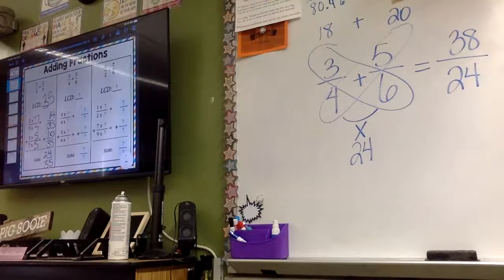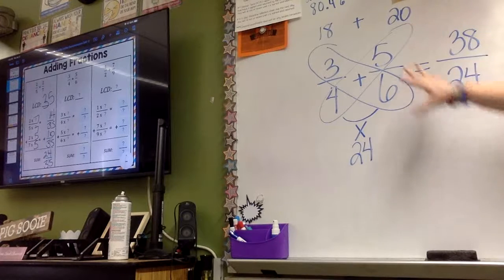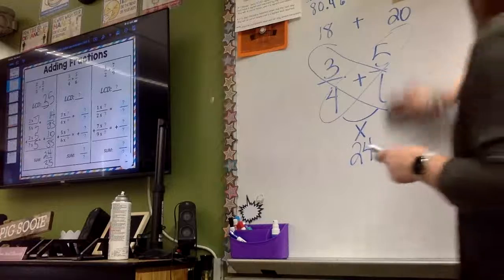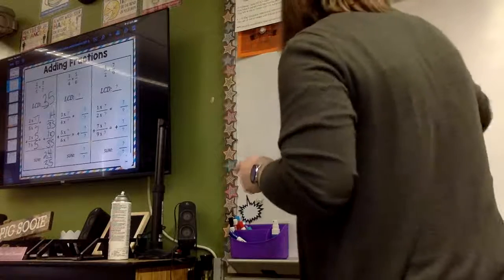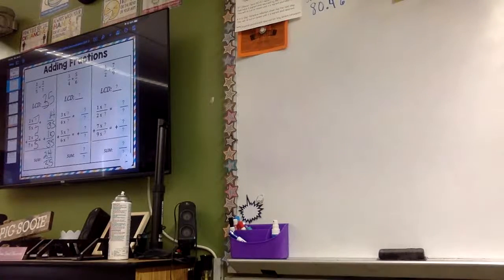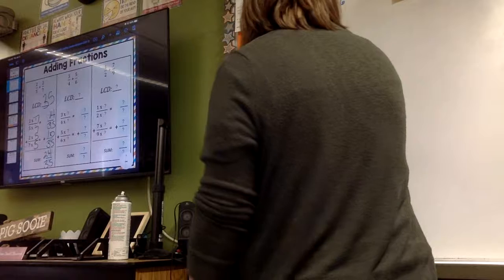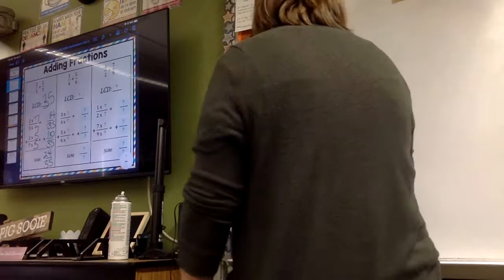But everybody gets the concept, right? Okay. So, I showed it to you. We're not going to use it yet, though. So, we're going to go back to the other way. For now, we'll use that, but just not yet. We're not ready. Okay? So, this one, again, 3/4, 5/6.